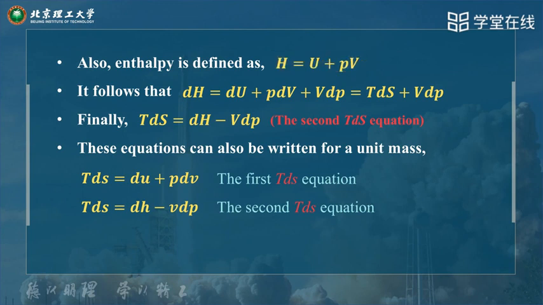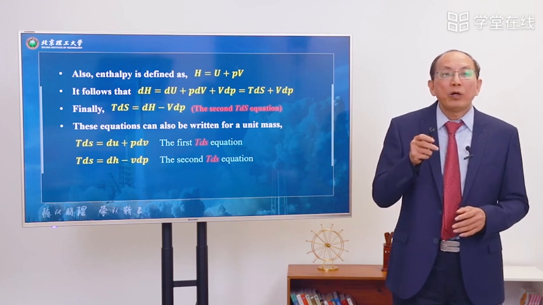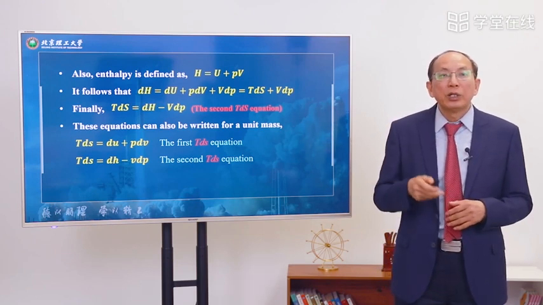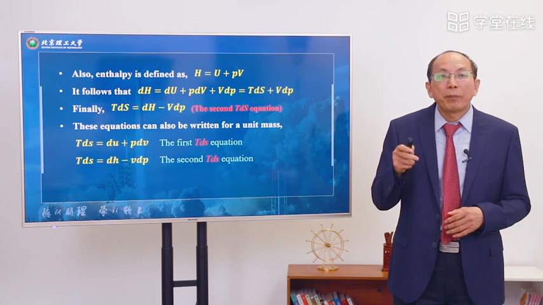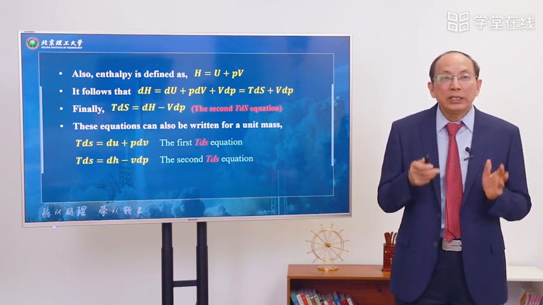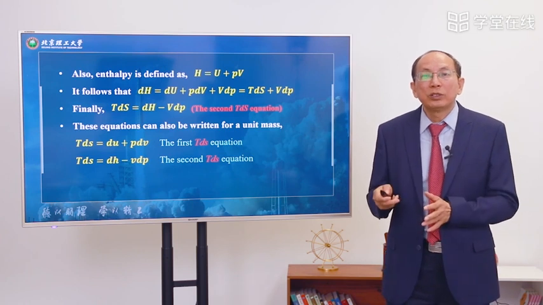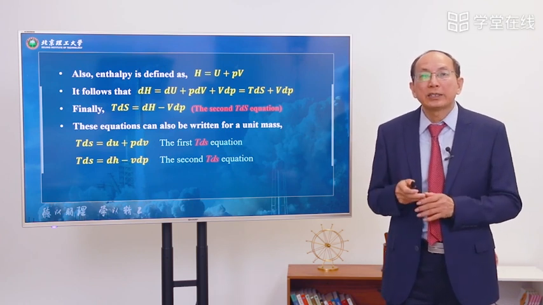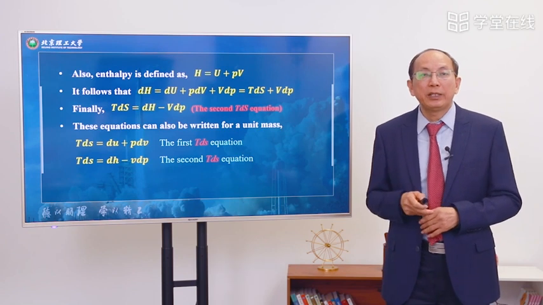It follows that dH equals dU plus PdV plus VdP. Because the last page tells us dU plus PdV is just TdS, dH is TdS plus VdP.